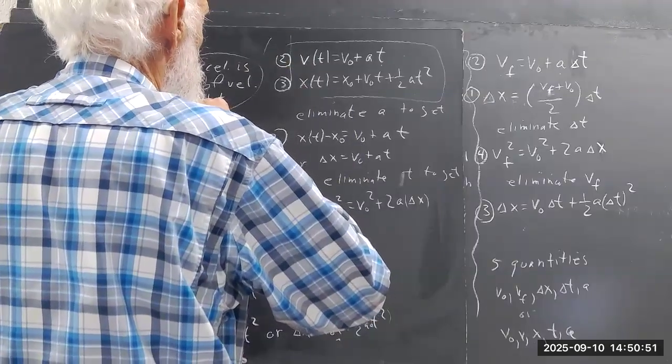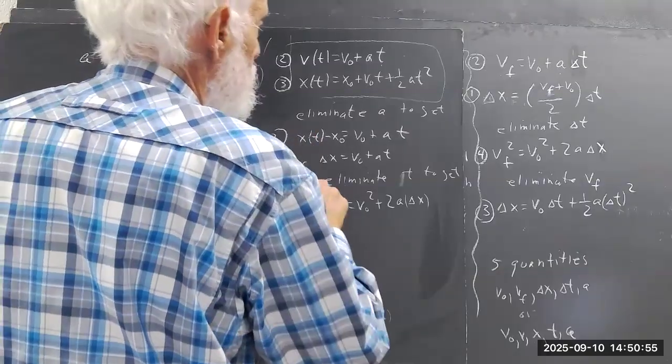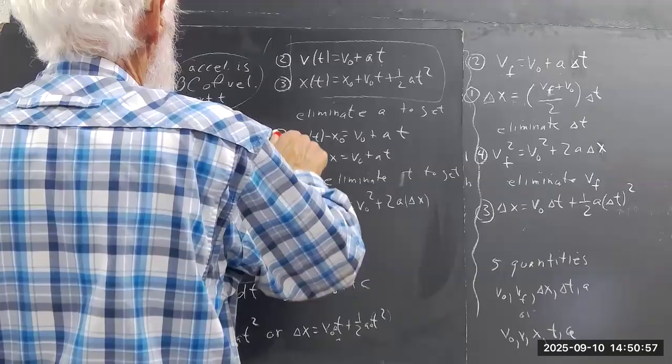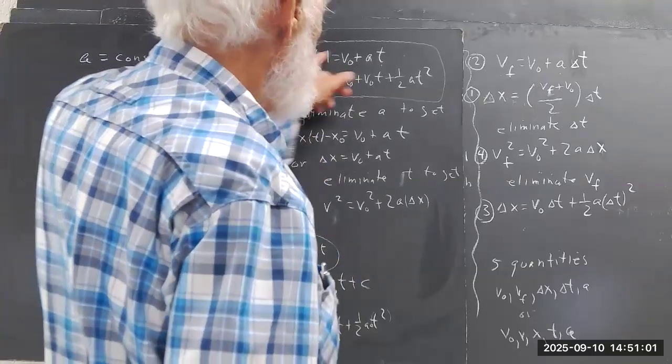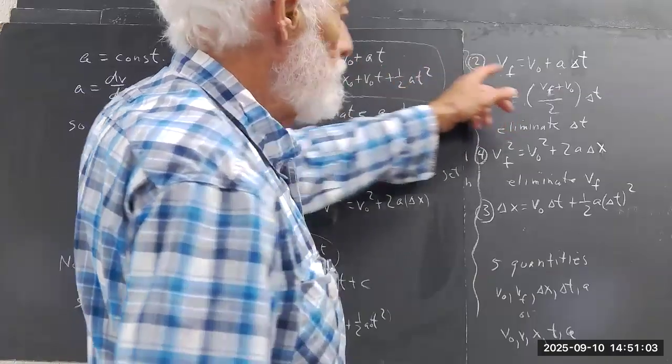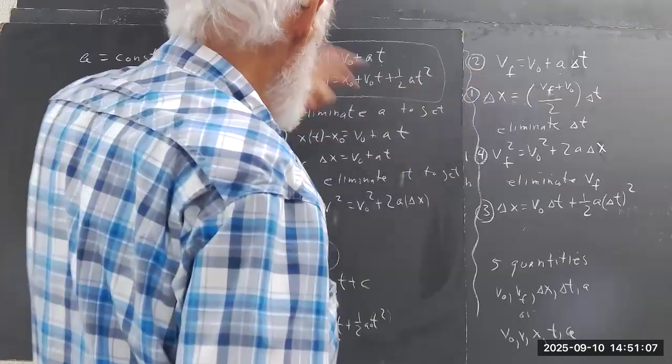And why did I call this equation 2? This was equation 1. So the one equation that we got that's pretty much the same between the two ways of deriving is the second equation.